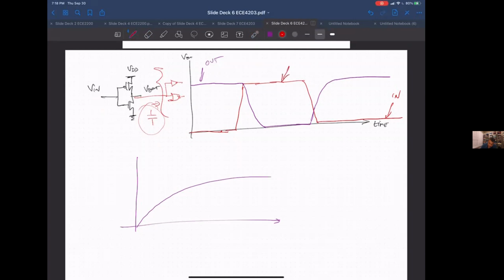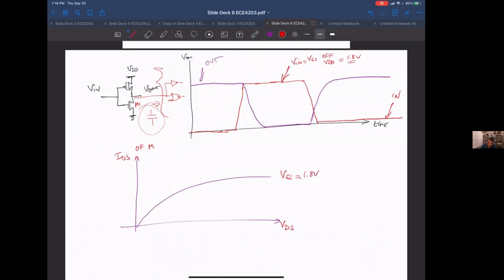This is VDS versus IDS of the transistor M1, when VN is equal to VGS of VDD, the highest value. Let's say VDD is 1.8 volts. That's what it's going to look like in your projects.